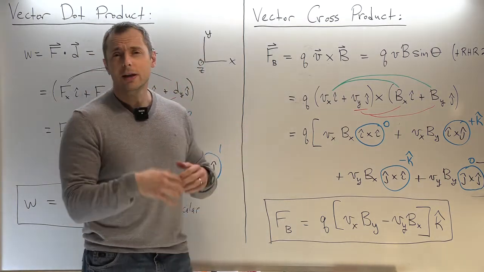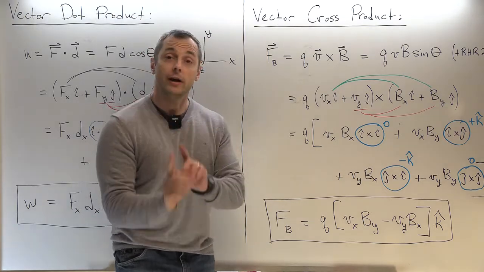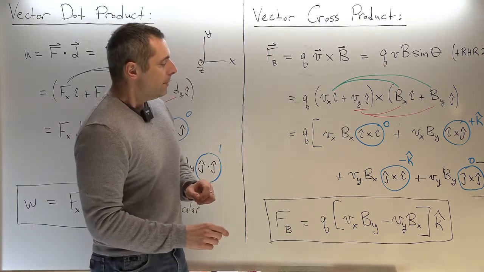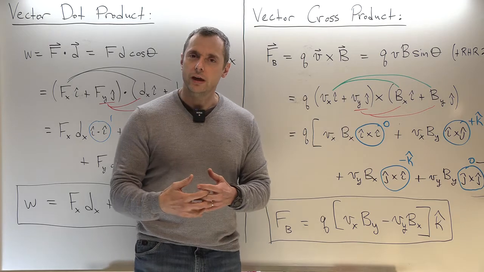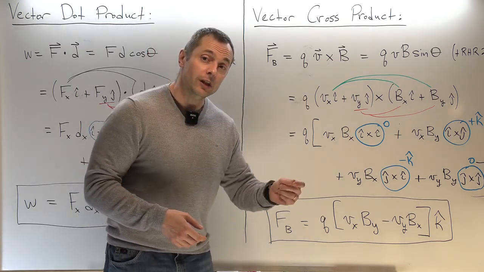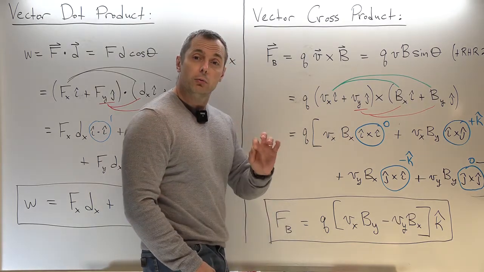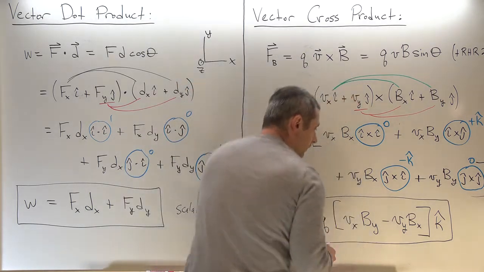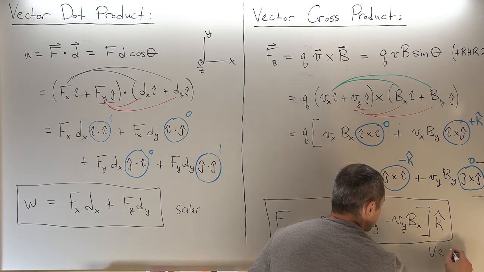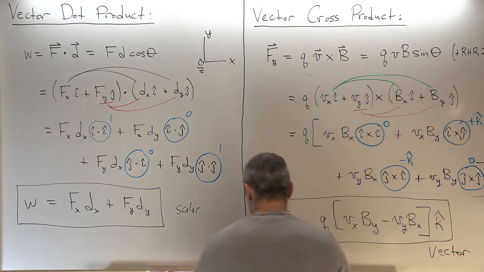So plus 6 and negative 6 or anything in between, but there's a direction associated with it. Cross product generates another vector. Dot product generates a scalar, a number without a direction. So let's add that here, vector.